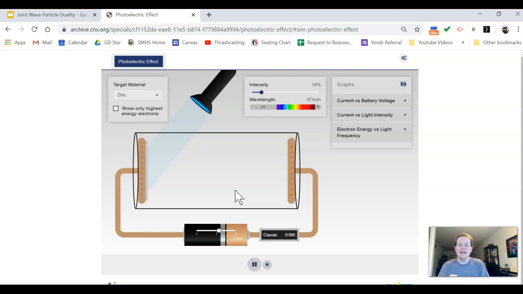Even if we waited a day, a week, a month, 10 years, even if all this energy, all these vibrations from blue light, they never have enough energy to knock loose an electron. And to be honest, even if we crank up the intensity, blue light simply doesn't have enough energy. Whereas even if you have just a little bit of ultraviolet, you start knocking loose electrons.